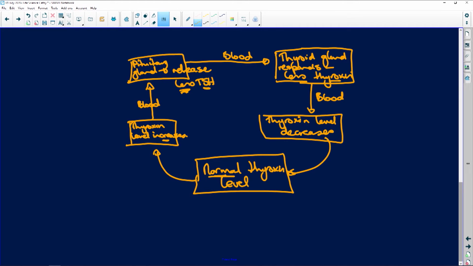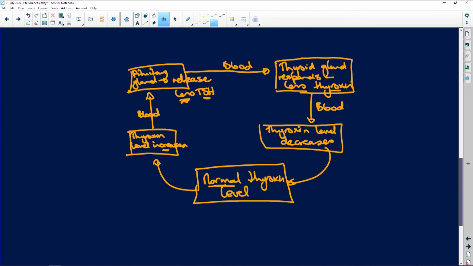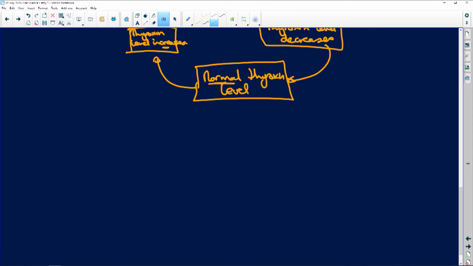Now the opposite can also, well, I'm looking for a color, no, yellow is going to be too close. Okay, the opposite can also happen when there's your normal thyroxine level, okay, and look at this, now thyroxine level decreases. So now we have a problem.